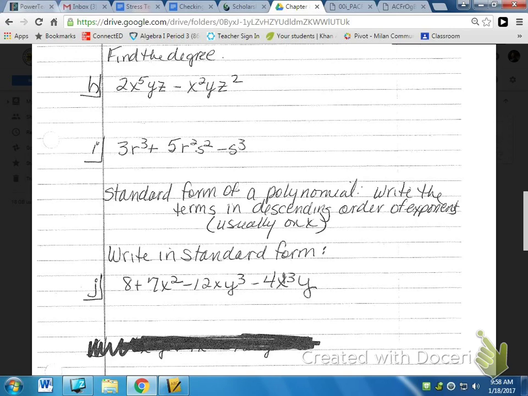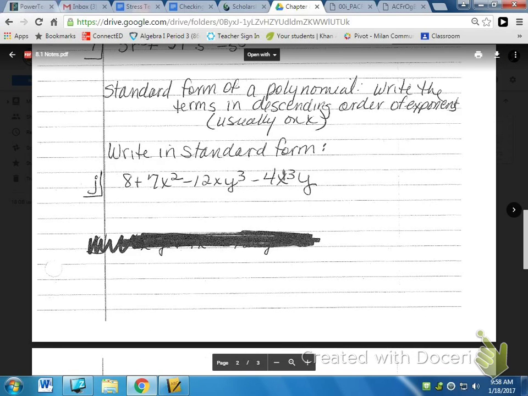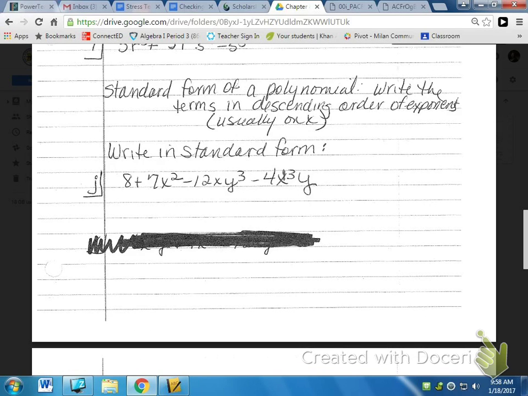Okay. Now let's do something. I'm not sure that I touched on this last year because it was so new, introducing all the polynomials and all the things with it. I might not have. But now in algebra, it's going to become a must. Okay, you really need to learn standard form, and I've been talking about that in a lot of different things.